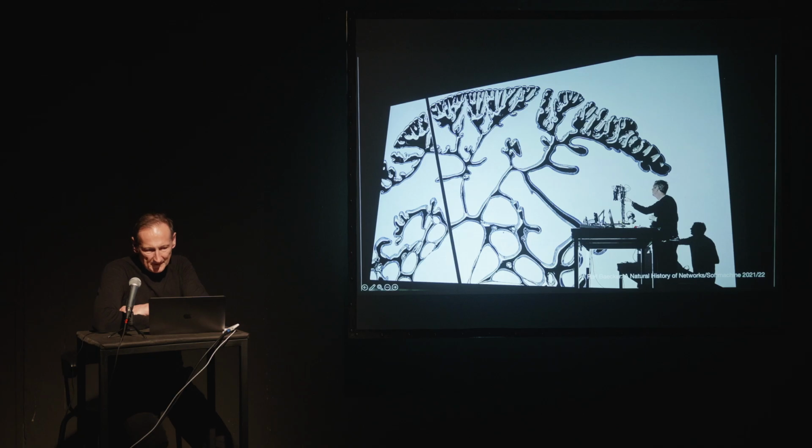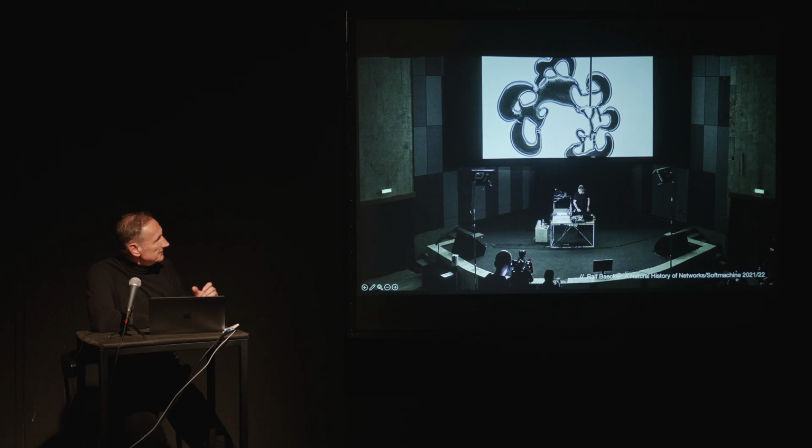There is another work of Ralph Becker, and I will stop with Ralph, where he developed a performance that also functions as an installation piece, where he's using not ferrofluid, but some magnetic material with electromagnetic properties, and when stimulating it, this material is forming different shapes.